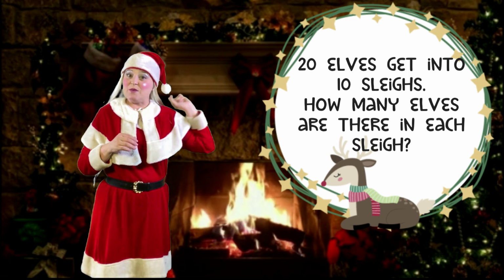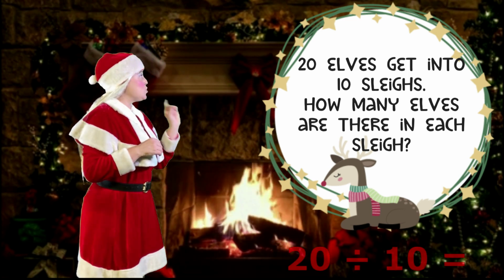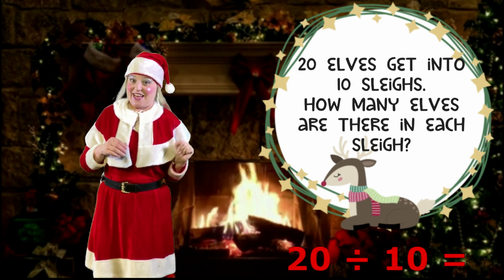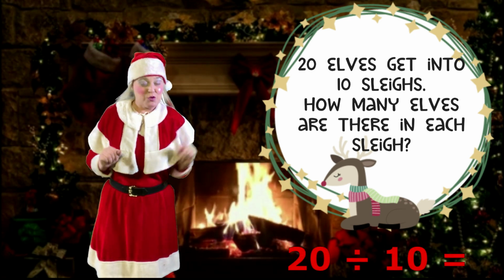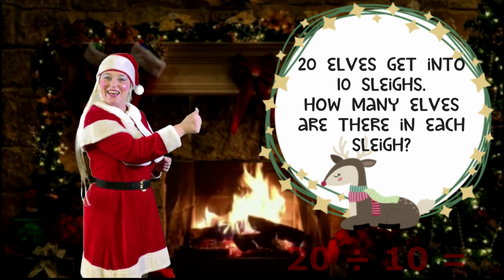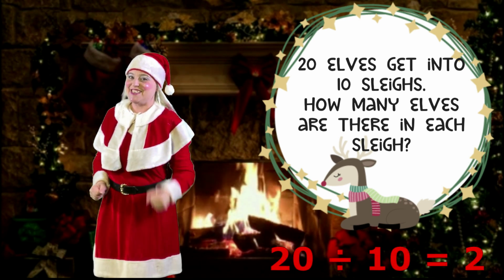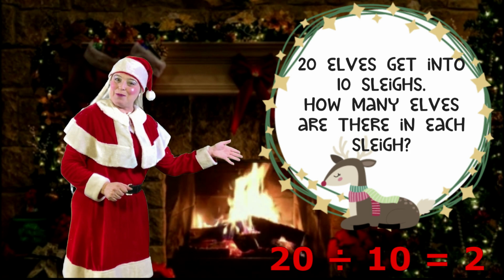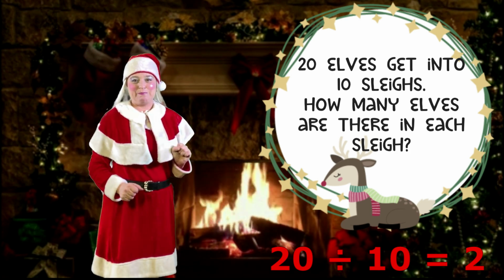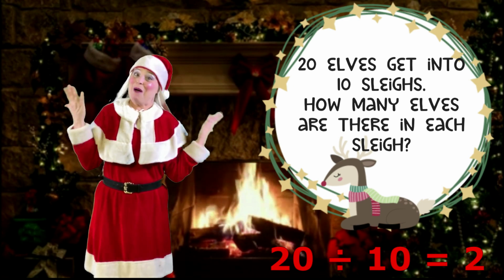Remember, when we're dividing, we start with a big number. So you should have written 20 divided by 10. And to work it out, we counted tens until we reached 20. 10, 20. There are 2 elves in each sleigh. 20 divided by 10 is 2. Don't worry if you didn't get that. We are going to practice some more. Here comes the next one.